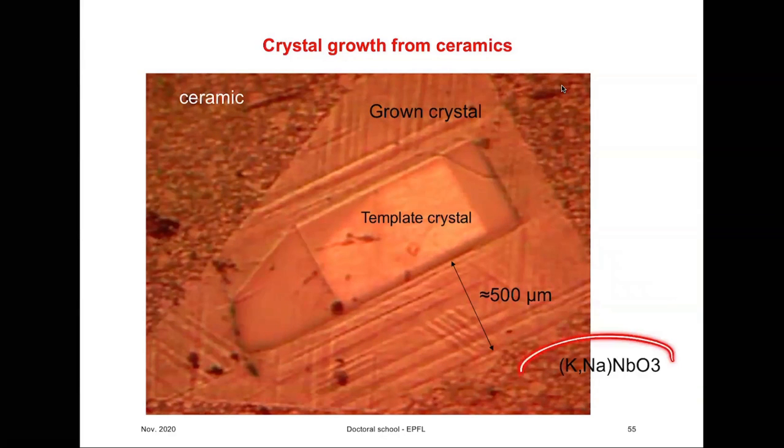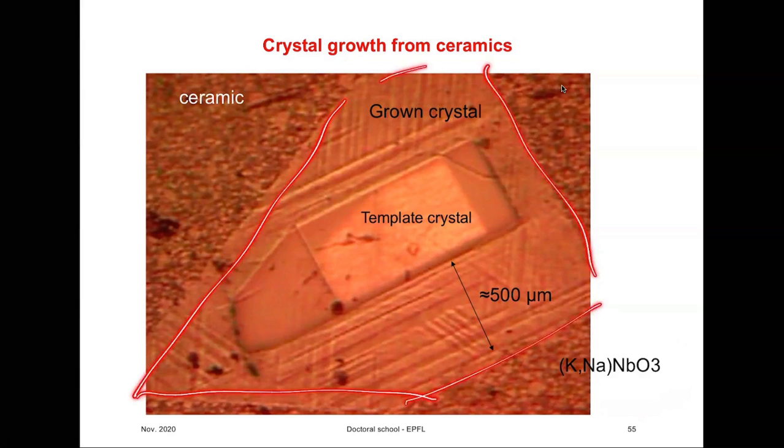Here is an example that was done on potassium sodium niobate, where we have a potassium sodium niobate template crystal in a ceramic of the same material. So here there is no problem with chemical composition, and heating this at a high enough temperature, we got crystal growing around it.